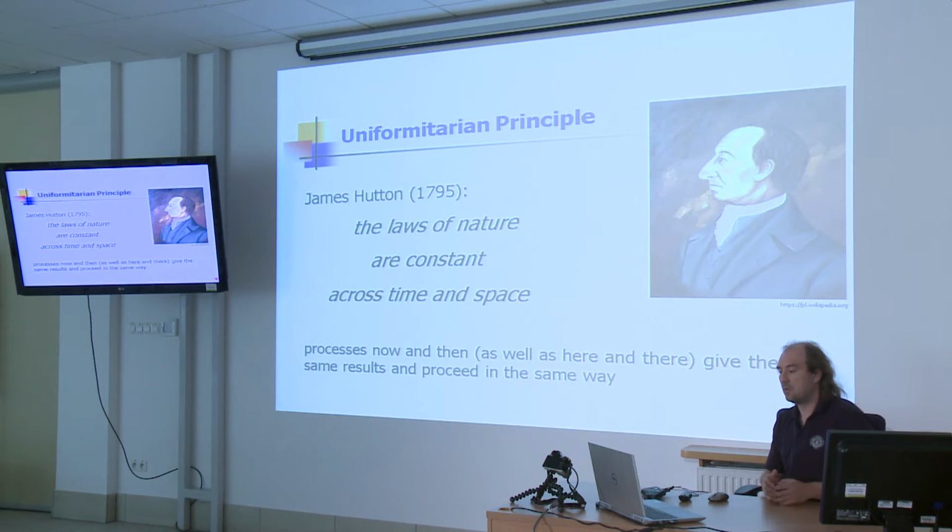To shorten the story, the concept is that what happens now more or less happened in the past in the same way. So processes that we can observe today proceed in the same or very similar way as in the past, and also in the future.